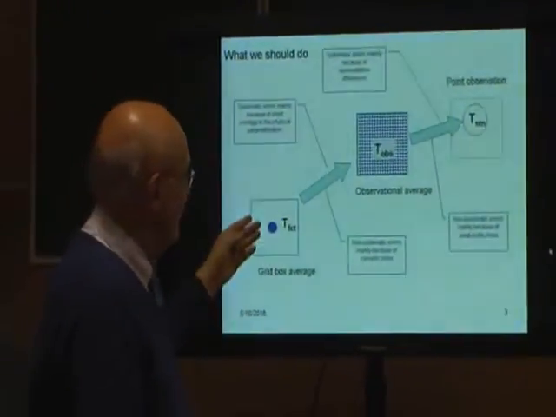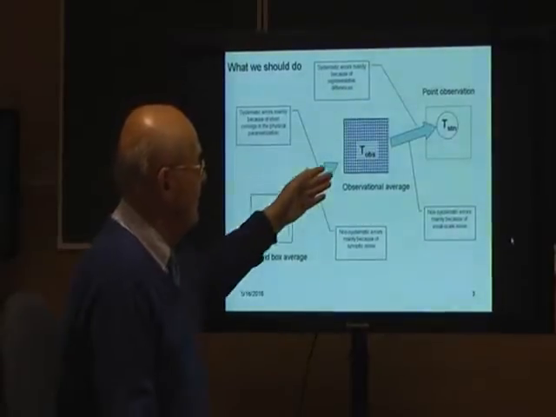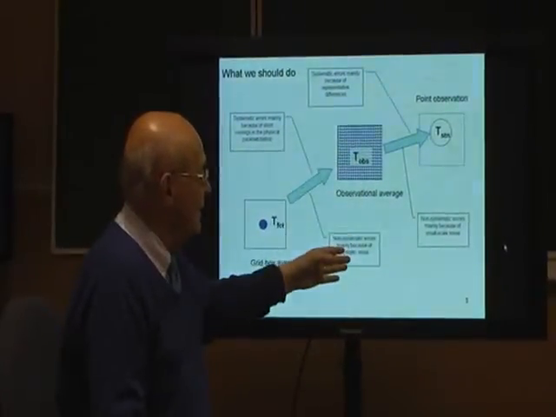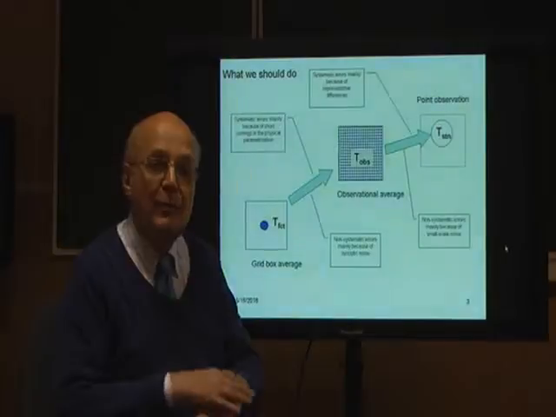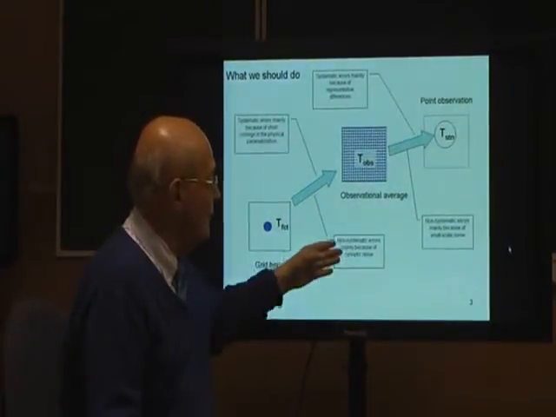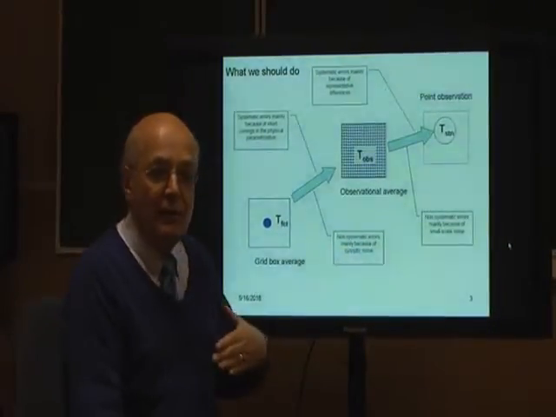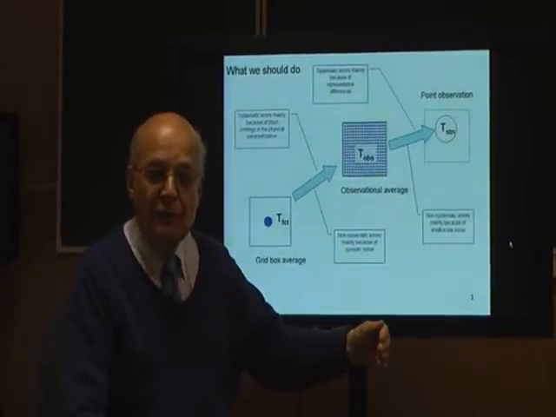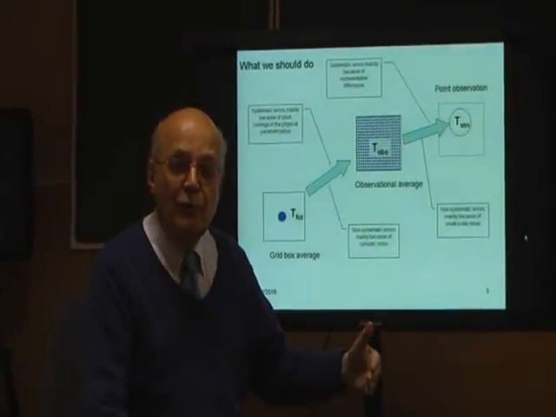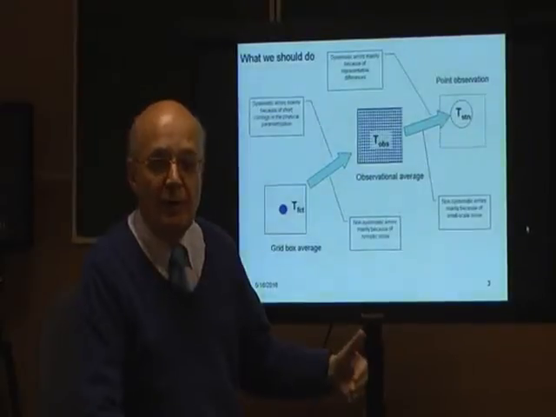One is between, again, the grid point average and the observational average. And that is what we normally think about when we talk about forecast errors. It's large-scale non-systematic errors: the arrival of high or low pressure systems, of cold and warm fronts. They are too strong, they are too weak, they come too early, they come too late.